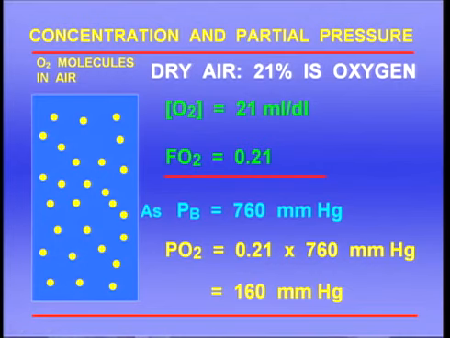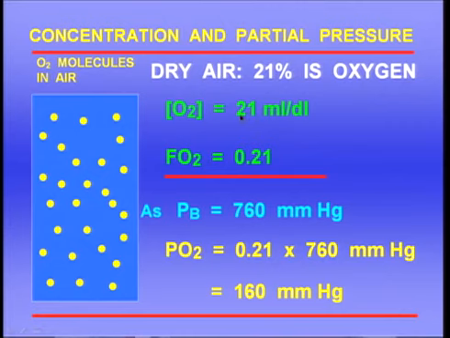We can also show that using this nomenclature with the square brackets, concentration of oxygen, and refer to it as 21 ml per deciliter. Same thing.